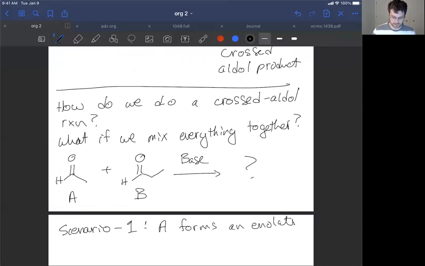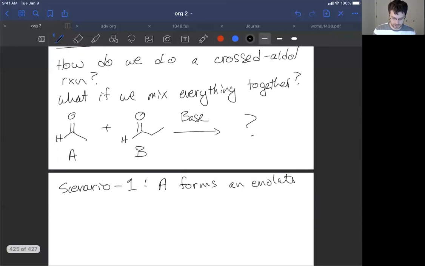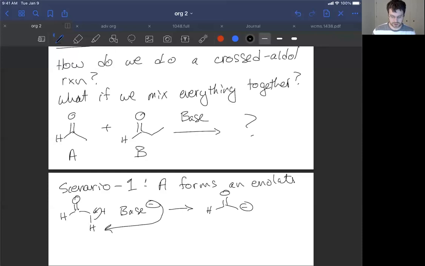In scenario 1, where A forms an enolate, we're going to consider the alpha hydrogens at A reacting with a base to form, we could call this enolate A if we wanted to, but this is just the enolate where we have just that methyl group as opposed to the ethyl group. So now that can react with A or B. So enolate A, we'll go ahead and label that. Enolate A could react with A or B.